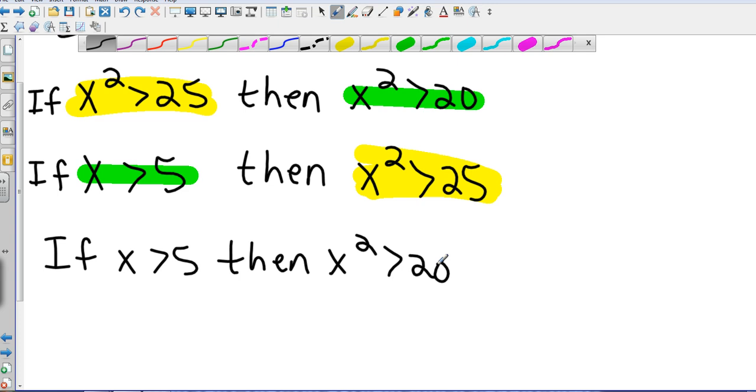All right, so I'm comparing the exact same thing. So then I just combine those two in a third statement. So law of syllogism will take two statements and create a third statement out of it. And that is Chapter 2, Section 2, Inductive and Deductive Reasoning.